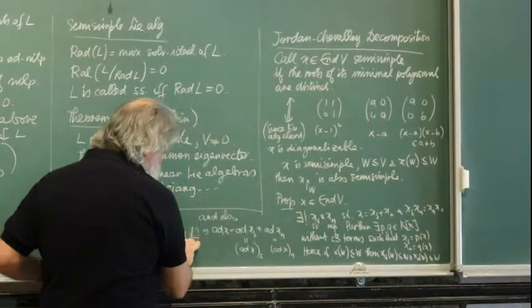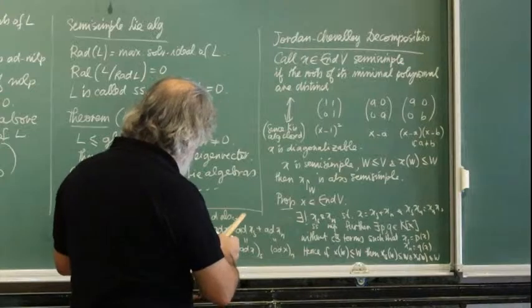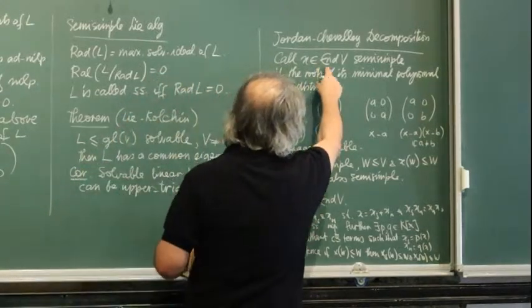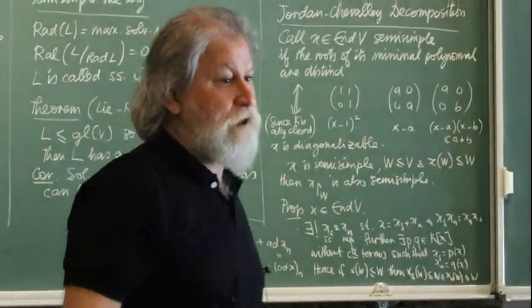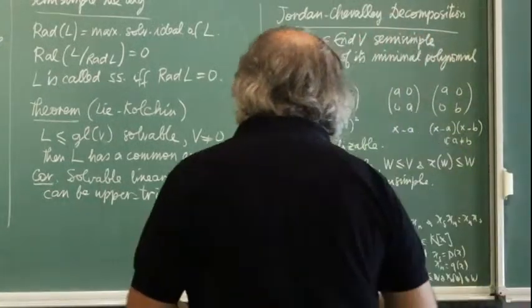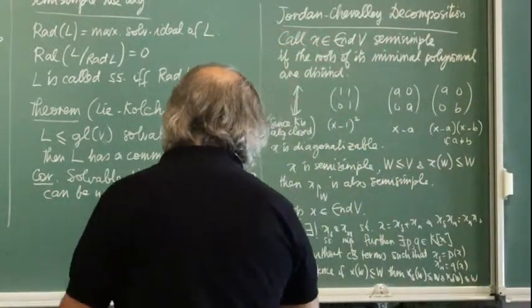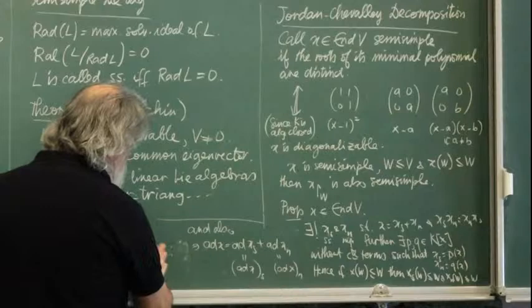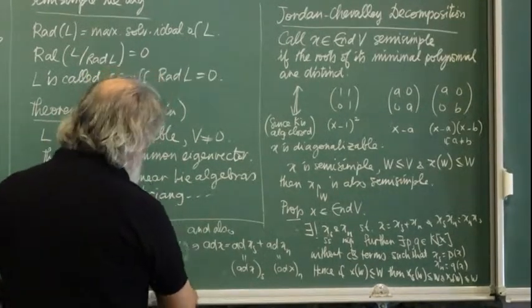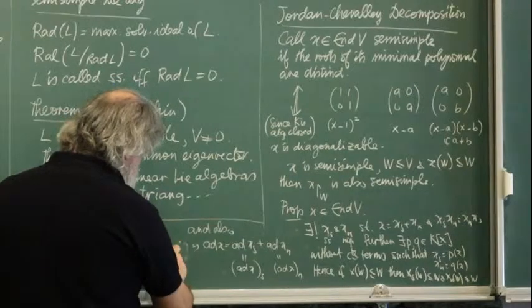This is inside endomorphisms. What do I mean by XS? X is an endomorphism of V, so XS exists. So I shouldn't say endomorphism of L here. I should say endomorphisms over K of V.